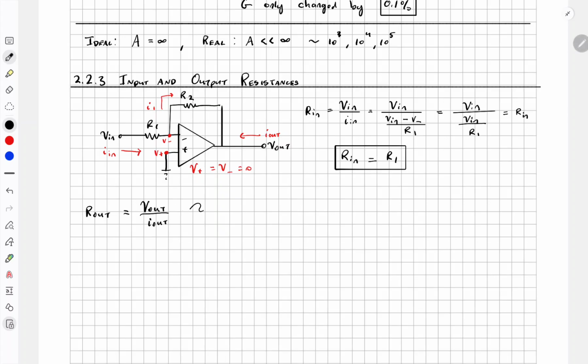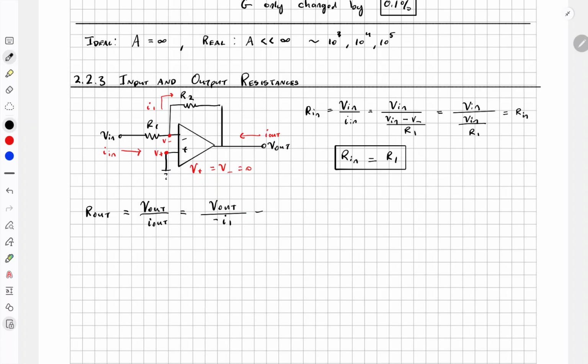So we see that V out divided by I out is equal to R out. I out, as you can see, is in the reverse direction of I1, so it is negative I1.